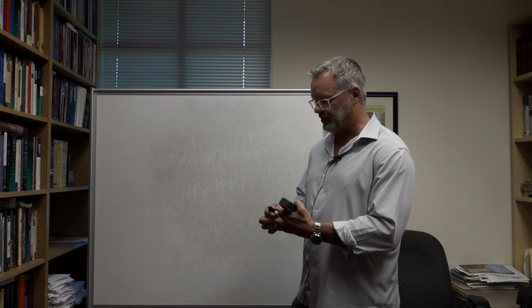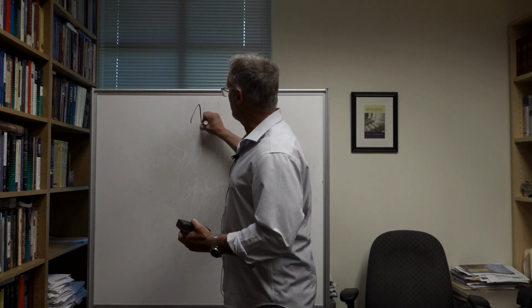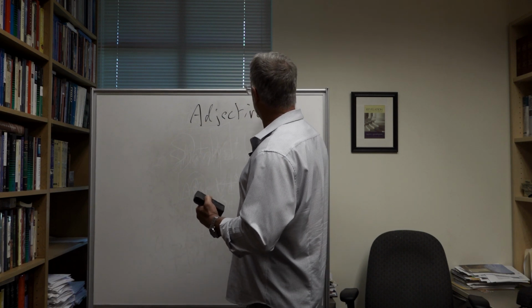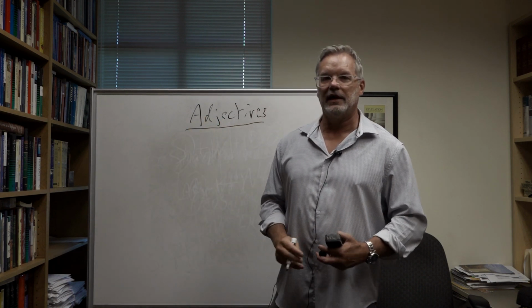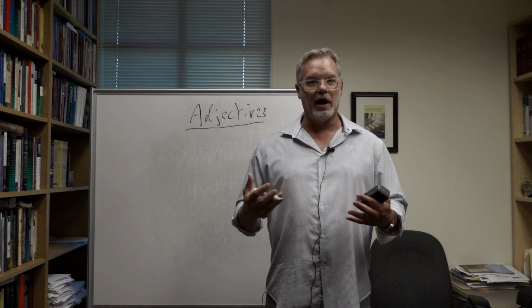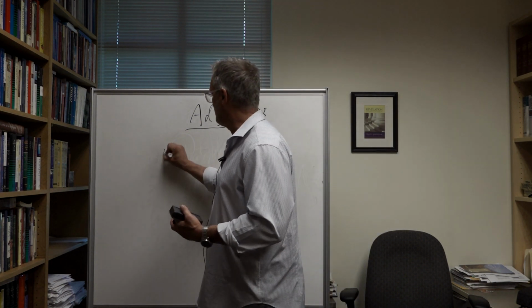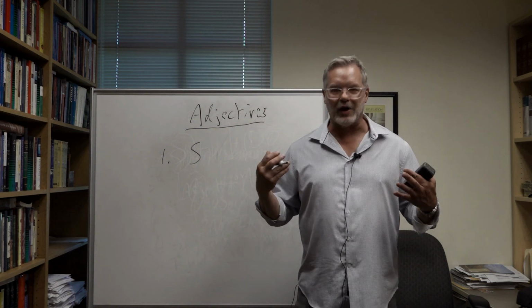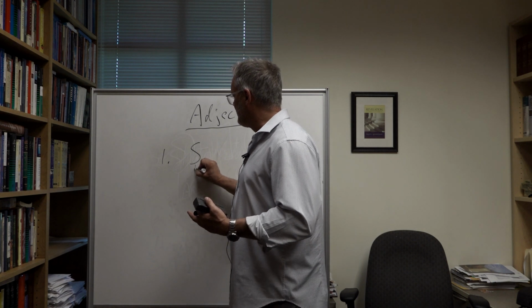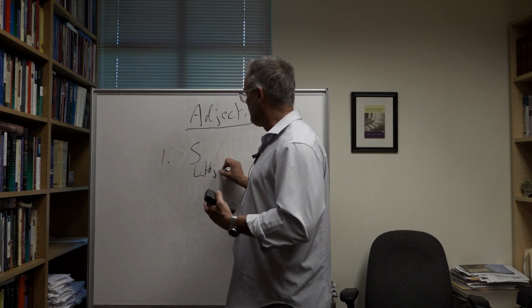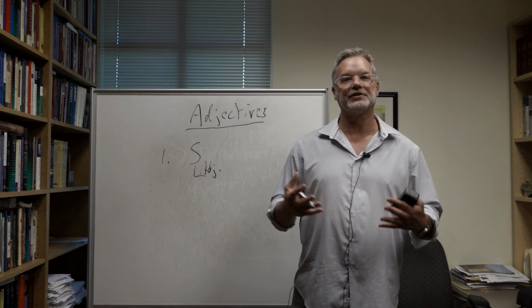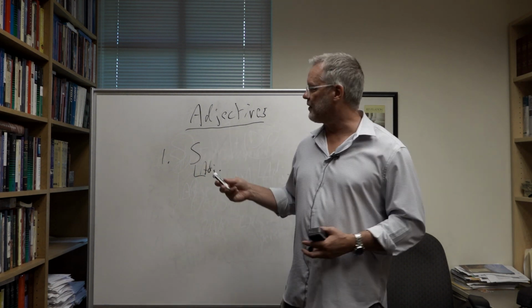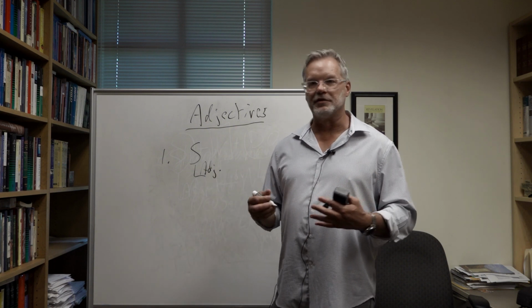So when it comes to adjectives, one of the most common functions of an adjective is to modify another noun. That is, again, if I have a subject or a direct object in a sentence, the adjective will function to modify that substantive, that noun, whether it's the subject or direct object or whatever. It doesn't matter. The adjective can modify another substantive.